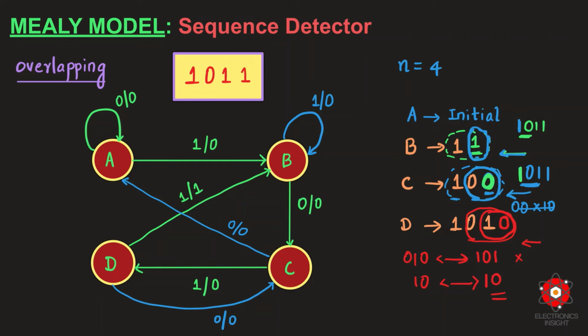When you complete your sequence, I will complete my sequence. If I receive at D, if I receive 1011, 1. So until 101, you have received, and that's why you are at this state. Now if it is 1, 1011 is much similar to your desired sequence, but where will you go? Where is going to be your next state? So how will you check? Again, the same protocol that you have to follow.